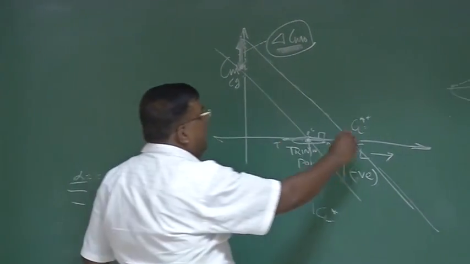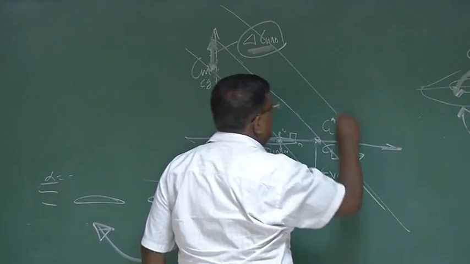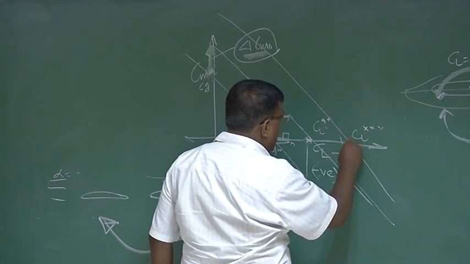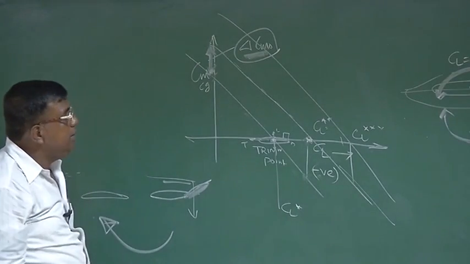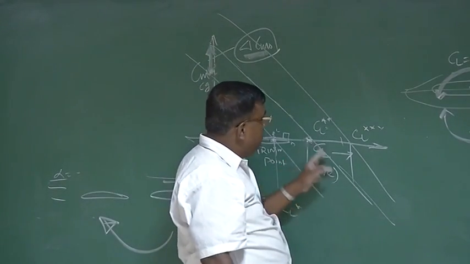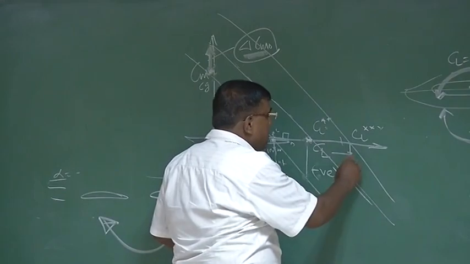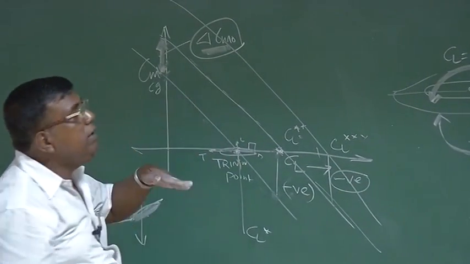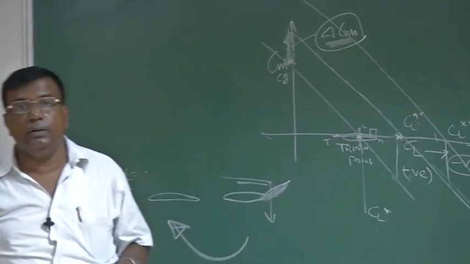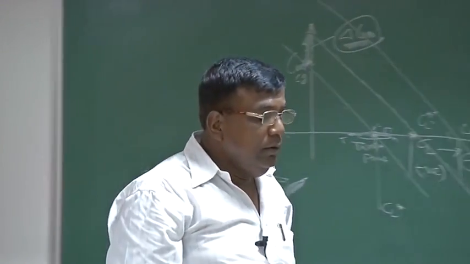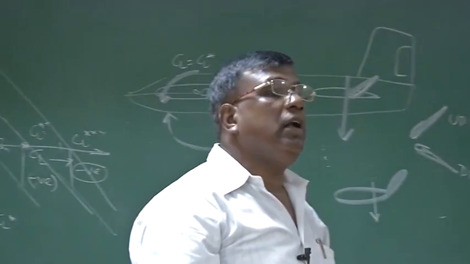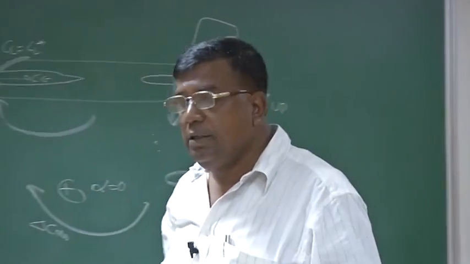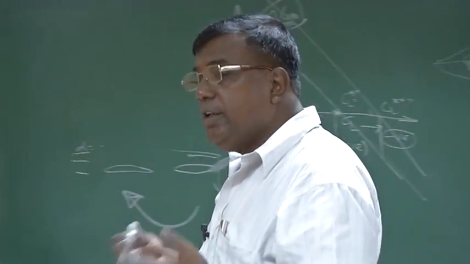If you want to fly at another CL star or triple star, again you have to see how much additional moment it will generate with respect to this equilibrium. So this negative moment I have to again compensate, so I have to further put the elevator up. But you know, you cannot go on putting the elevator up or down, because beyond a certain deflection the flow will separate, elevator will become ineffective.